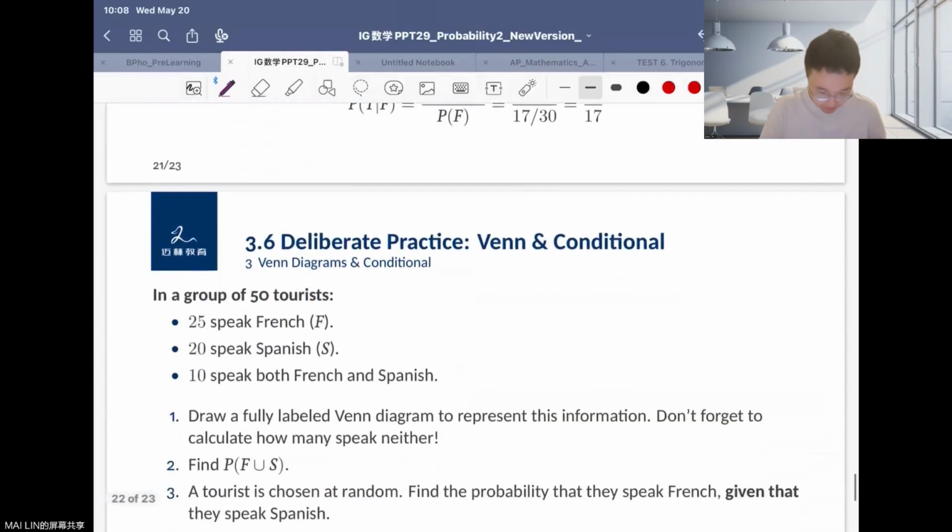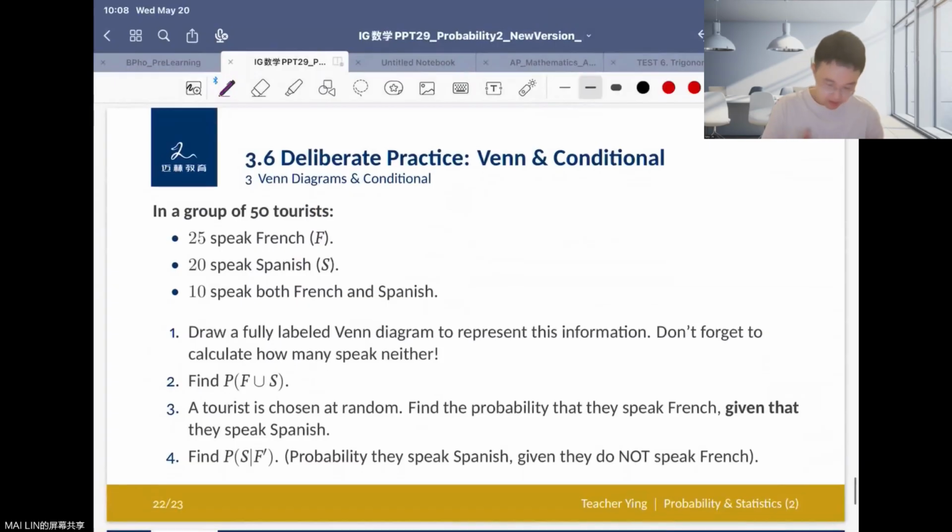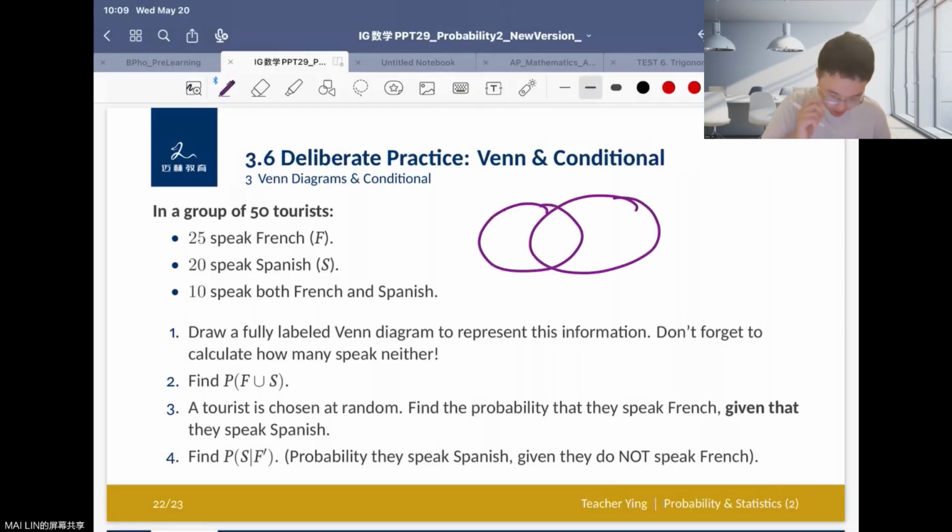Here's a little bit of practice for you. You can pause the video and solve these problems yourself, or you can follow with me. For the first problem, 25 speak French, 20 speak Spanish, and 10 speak both French and Spanish.